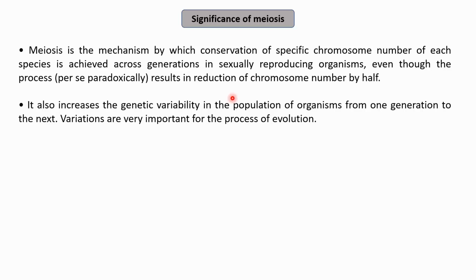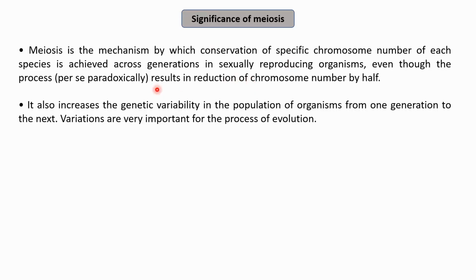So in order to conserve the specific number of chromosomes in each species across the generations, especially in sexually reproducing organisms, where the fusion of the gametes is required to produce the new organism, meiosis is the mechanism that allows the conservation of the specific number of chromosomes.